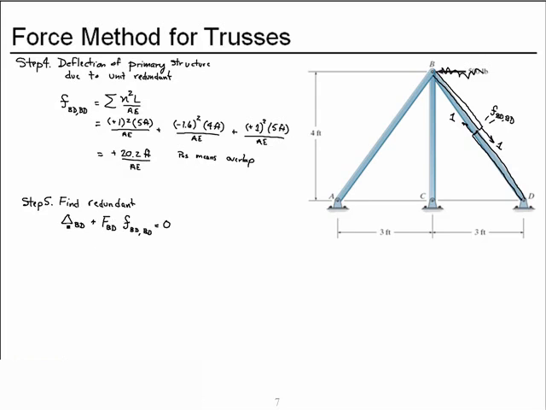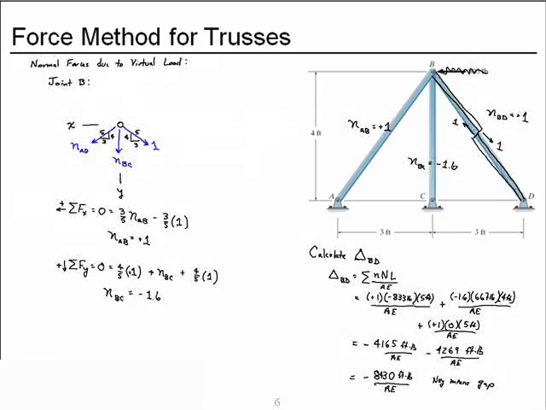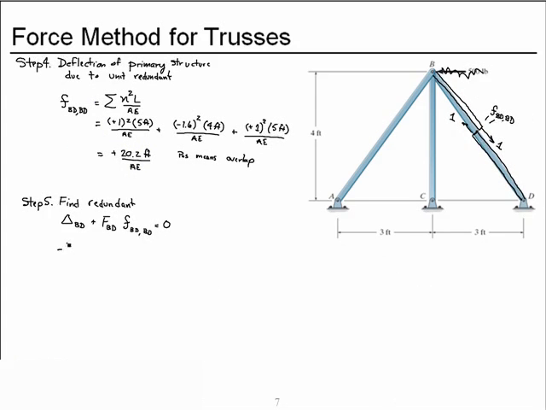But we just calculated that the gap in BD is -8,430 foot-pounds over AE, to which we add our unknown force in member BD times our flexibility coefficient, 20.2 feet over AE.